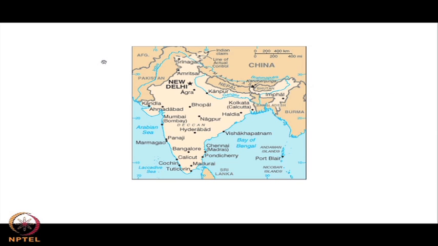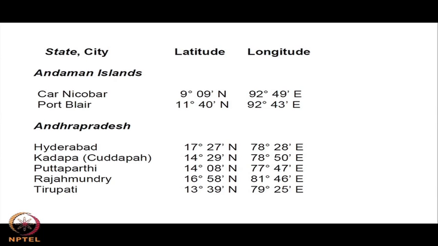This is the Indian map, which shows the important locations, including Andaman, Nicobar Islands, and then I have put it in the form of a state and city, and state is in italics, Andaman Islands, Andhra Pradesh, so on and so forth, latitude and longitude given in degrees and minutes.